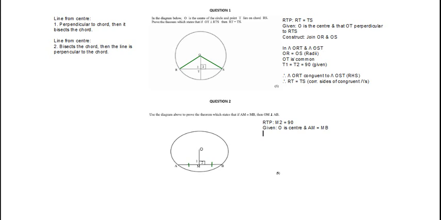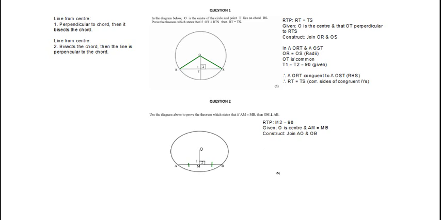So now I start with a construction. I'm going to construct both the radii, the two radii. I'm going to say construct by joining AO and OB, and then I show my construction.